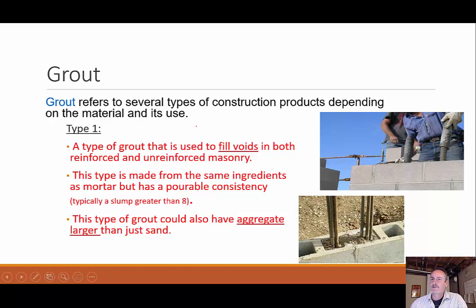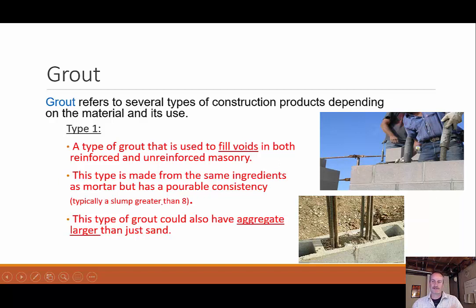And so grout refers to several types of construction products depending on the type of material. So we can have type 1 grout. This is used to fill those voids on both reinforced, so we see these reinforcing bars here, and unreinforced, meaning I may not have the bars, but I'm still filling it up with this grout. Same ingredients as the mortar, but now we have it as a pourable consistency. We have a big slump.